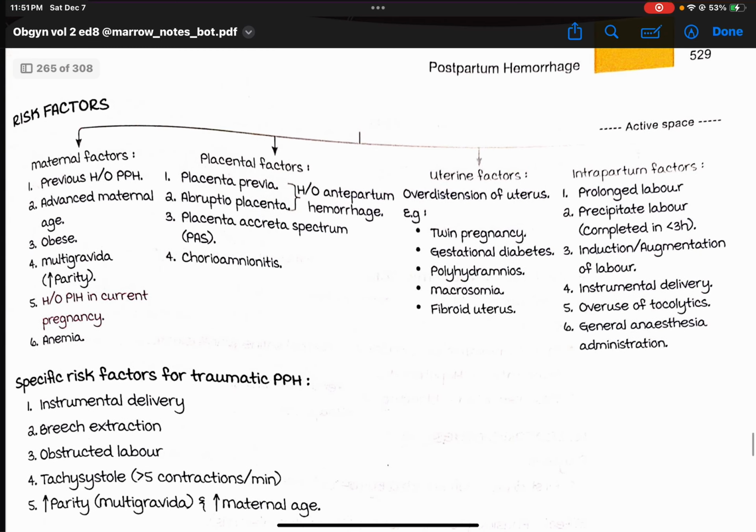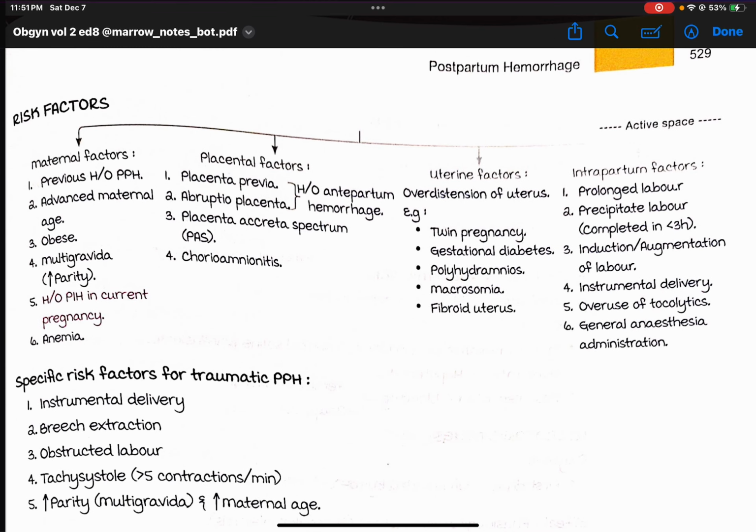Risk factors for postpartum hemorrhage: maternal factors, placental factors, uterine factors, and intrapartum factors. Maternal factors: previous history of postpartum hemorrhage, advanced maternal age, obesity, multigravida, increased parity, history of pregnancy-induced hypertension in the current pregnancy, and anemia.